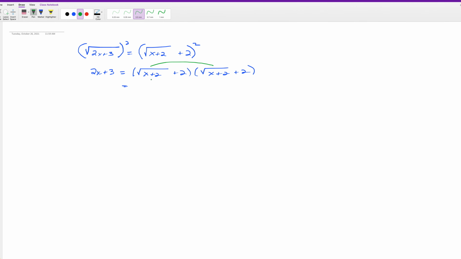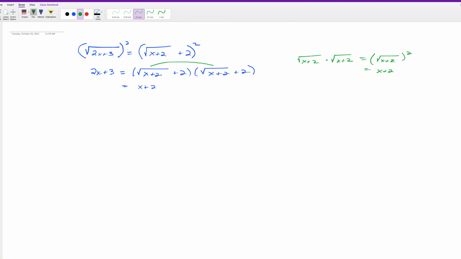So when I multiply the square root of x plus 2 times the square root of x plus 2, I just want to make sure this is crystal clear. This is the same as something times itself. So the square root of x plus 2 squared, which is just x plus 2. So when I multiply that radical by itself, I'm just left with x plus 2.